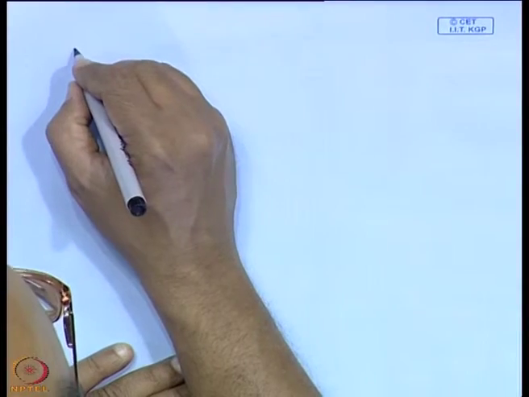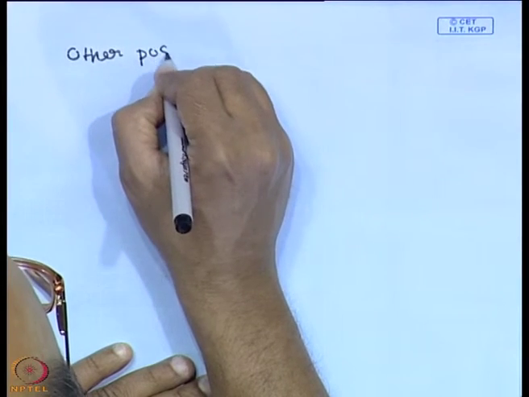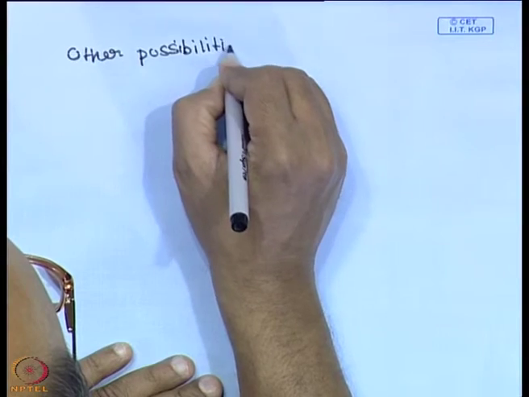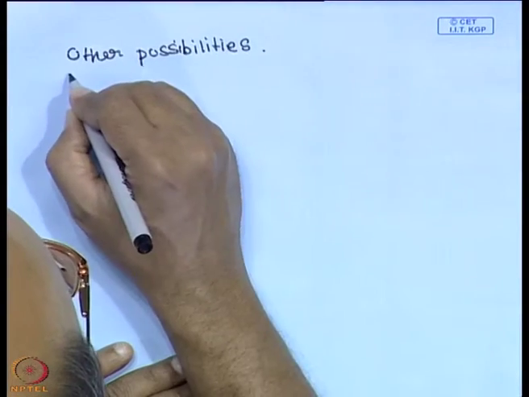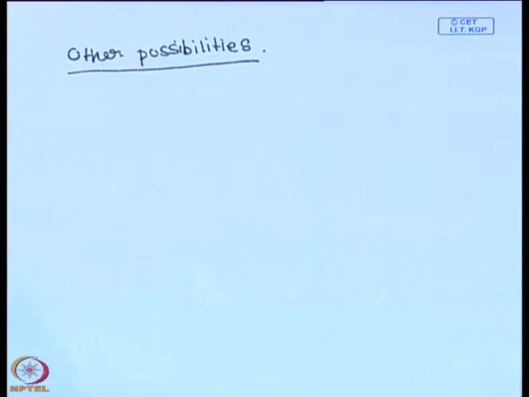So, this covers the main chain of reactions in the PP chain, but there are other possibilities. This is the most probable possibility. There are other possibilities, and there are not 1 or 2 other possibilities, there are many other possibilities.